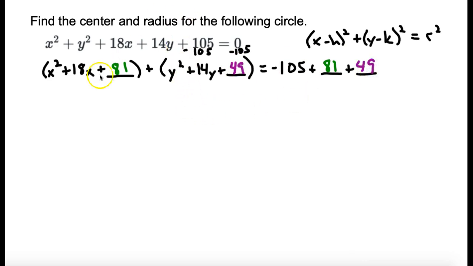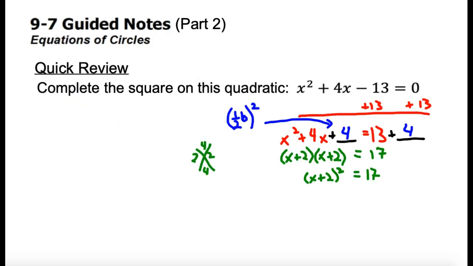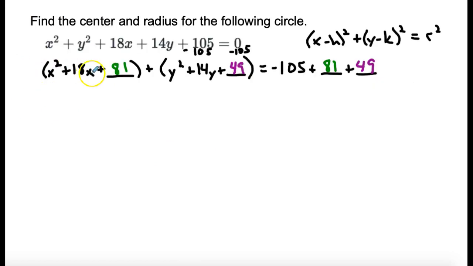So now we've created two different things that will factor into binomials squared. In the warm-up, we went ahead and x-factored that, but there's actually a little shortcut. We don't have to go through the process of x-factoring every time. This will factor into x and then whatever half of the b term was. Here, half of b is 9.